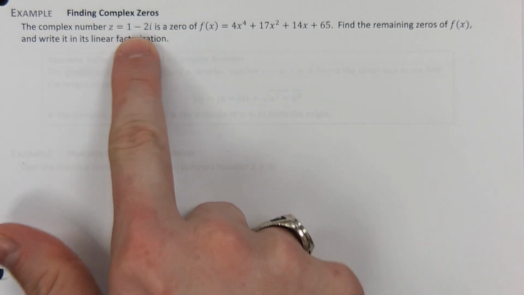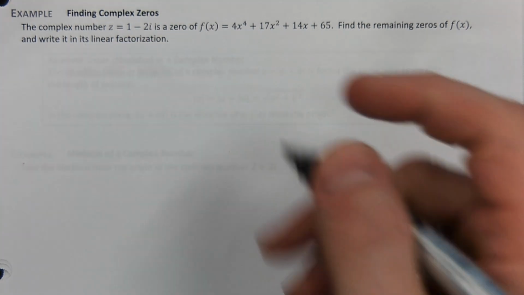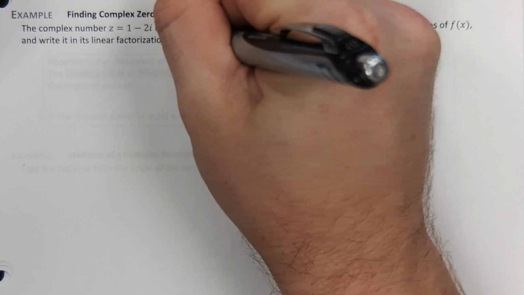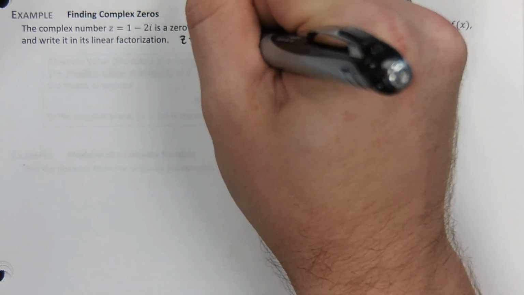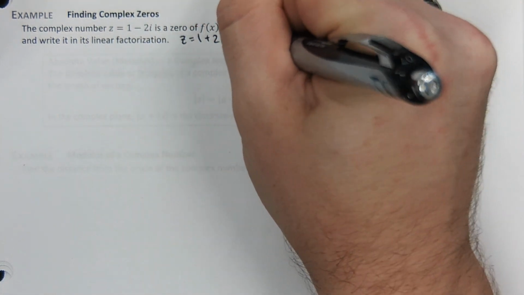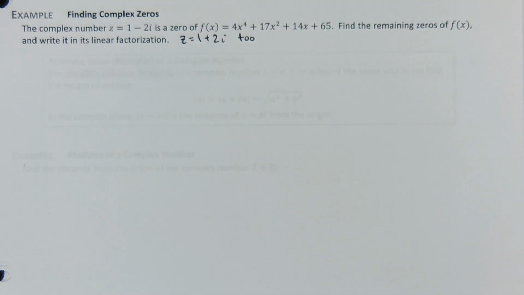This thing's complex conjugate, 1 plus 2i, excuse me, is also a solution. What I taught you to do before is, if you have complex conjugate solutions, it's best to recreate the quadratic that produces them. That gets you an irreducible quadratic, but you would then be able to divide by that quadratic.